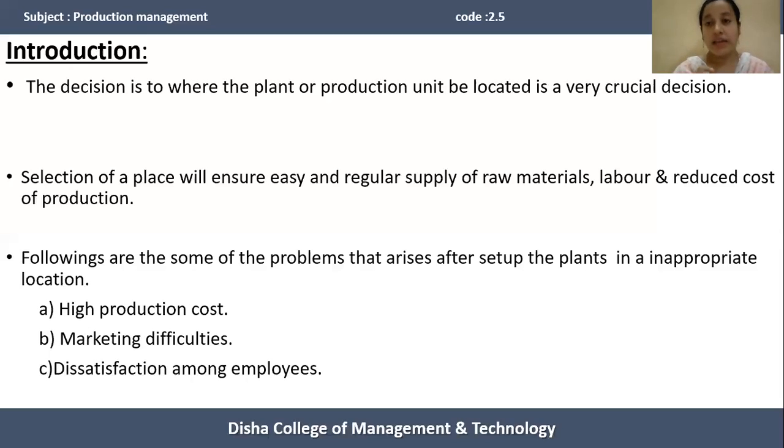If the industrialist makes a faulty decision related to identification of a location, then sometimes it leads to insolvency of the firm, sometimes it leads to bankruptcy of the firm. So every entrepreneur has to identify a good location for their plant. An ideal location always provides maximum operating efficiency to the organization, and it helps the firm to reduce its cost of production.